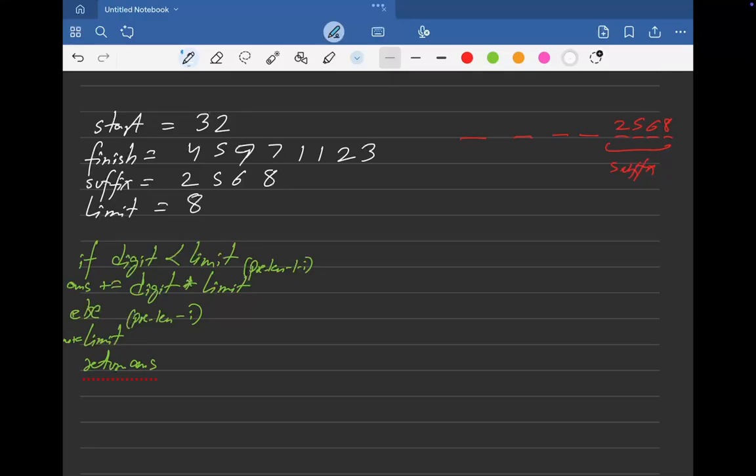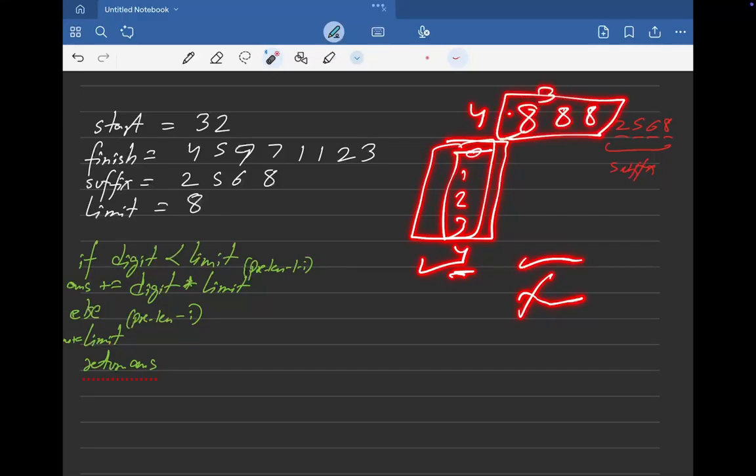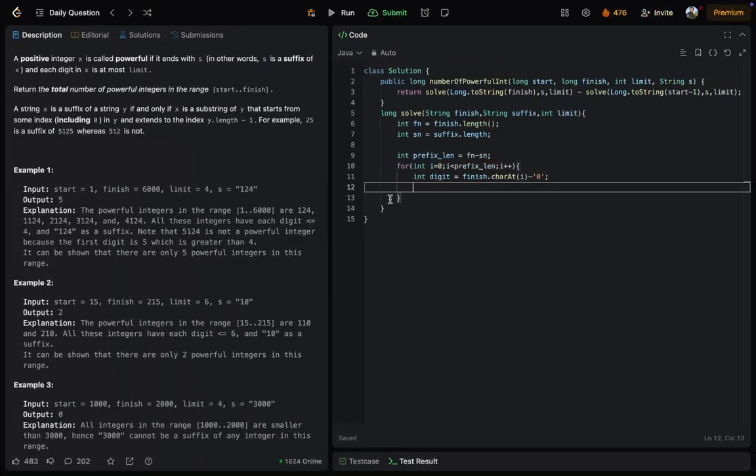So this will handle all the cases, the if case and else case. So I have 4 here. 4 is less than limit. I can place 0 1 2 3 and 4, right. So obviously I can place 4 digits, and for the fourth I will calculate it further. Then 8 8 8 means 8 raised to power 3, right. 4 multiply 8 raised to power 3. What is 4? 4 is my current digit. I can only place 4 if my current digit is less than limit.